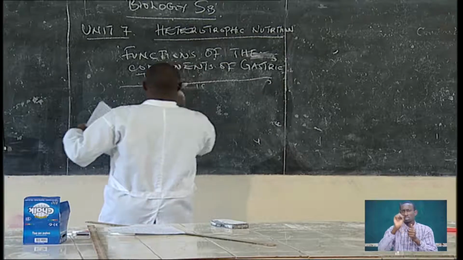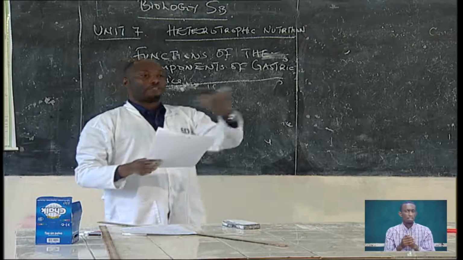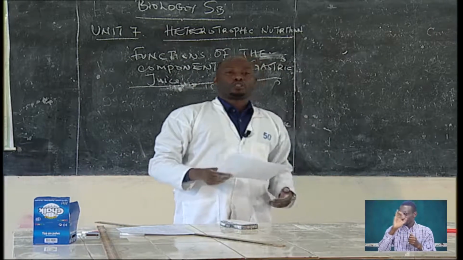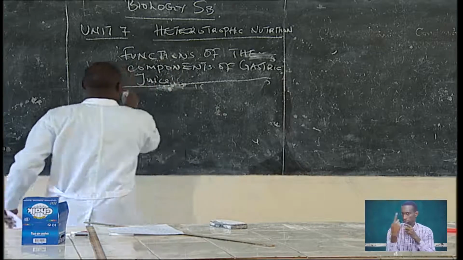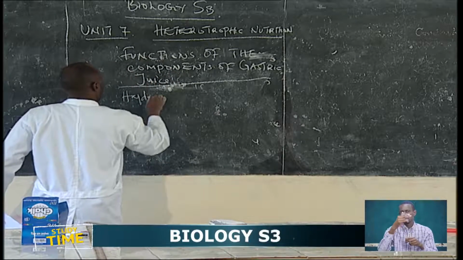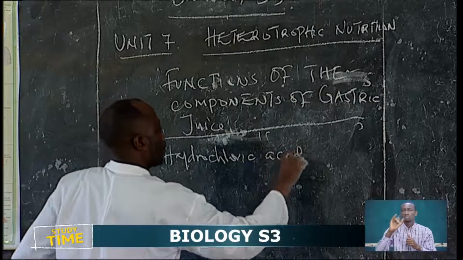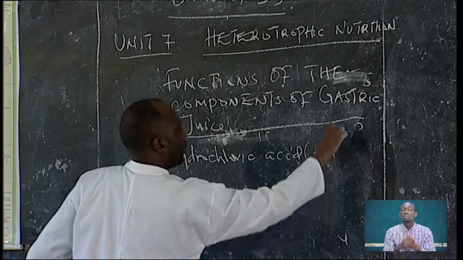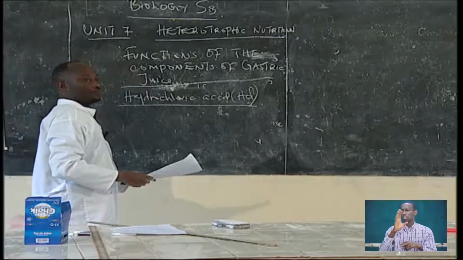Let me start with acid, which has several functions in the stomach. One of the functions starts with hydrochloric acid, whose chemical formula is HCl. What does HCl do in our body?